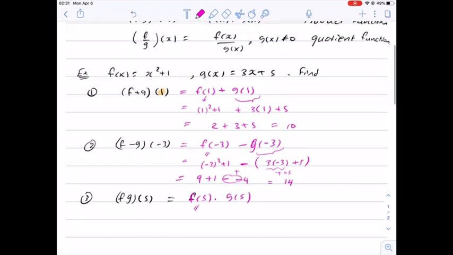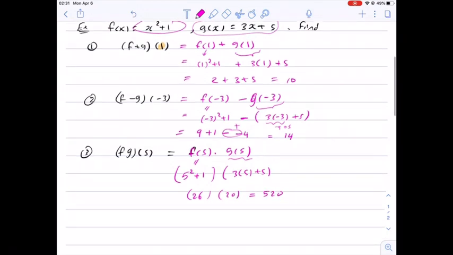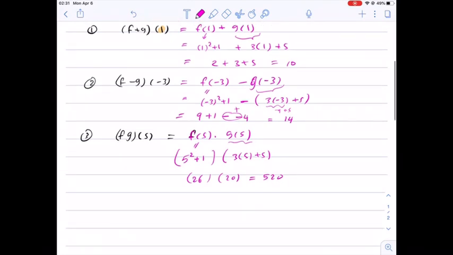Now we substitute 5 into the function f, we get 5 squared plus 1 times, now substitute 5 into the function g, we get 3 times 5 plus 5. This is 26 times 20, this is equal to 520.